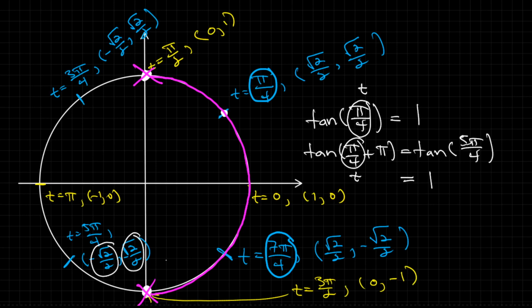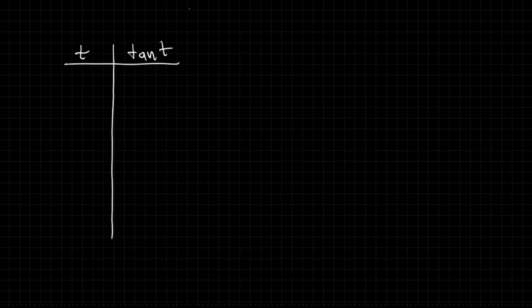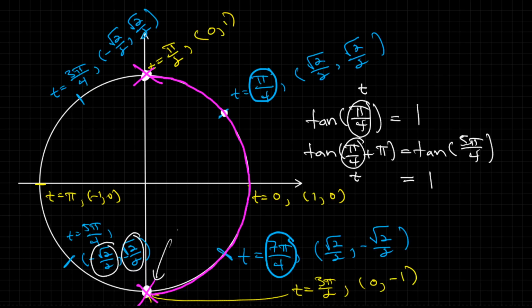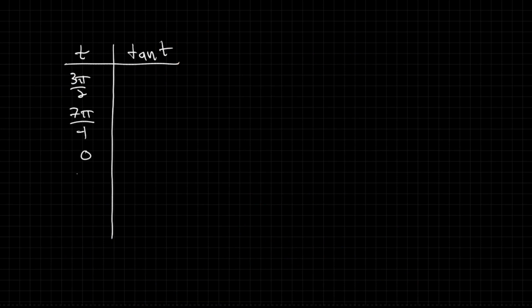Well, if you start at the bottom here, where tangent is not defined, it would say something like 3 pi over 2, then 7 pi over 4, and then 0, then pi over 4, then pi over 2. And it's a bit strange, right, to say 3 pi over 2, 7 pi over 4, and then 0.